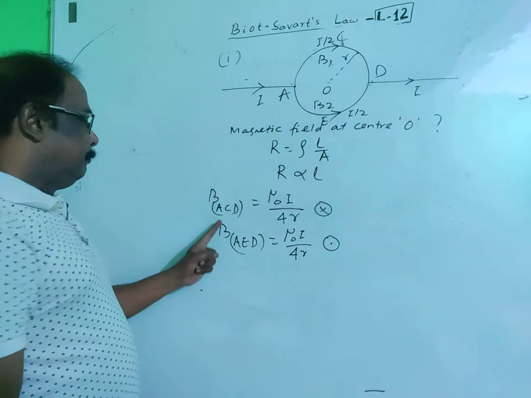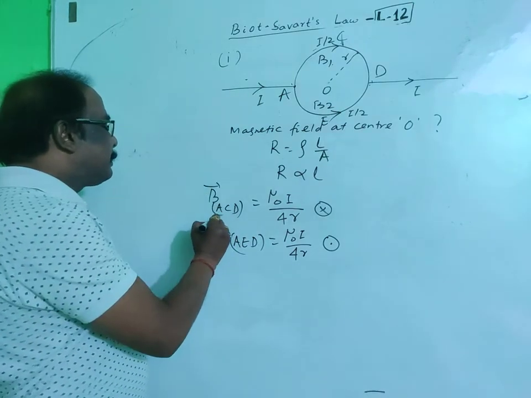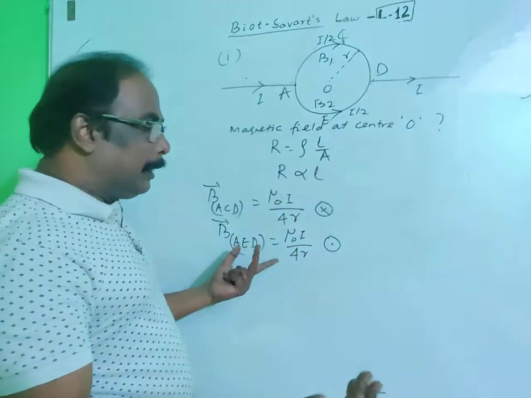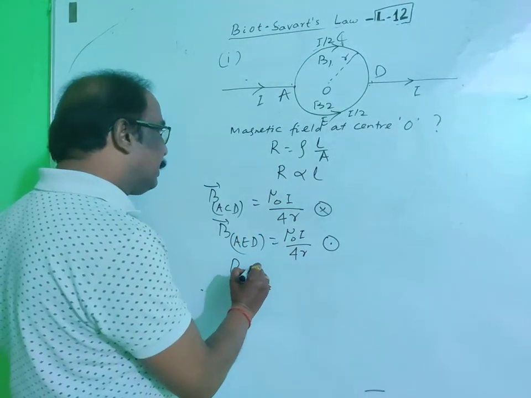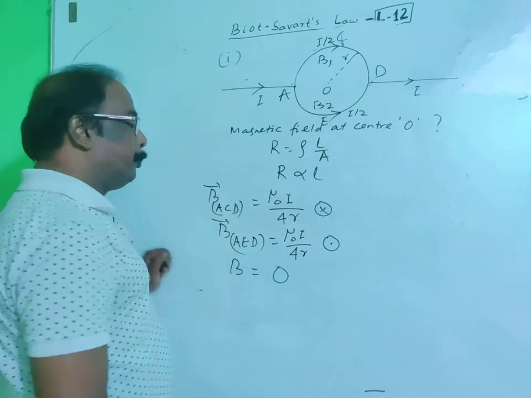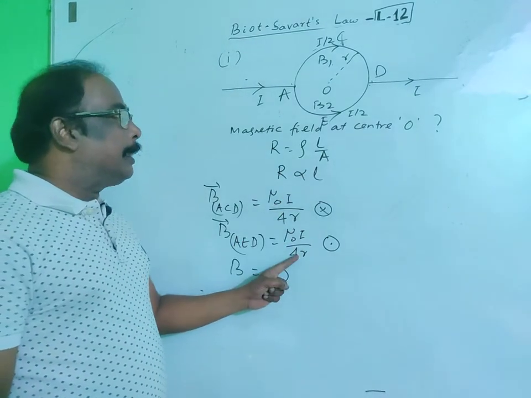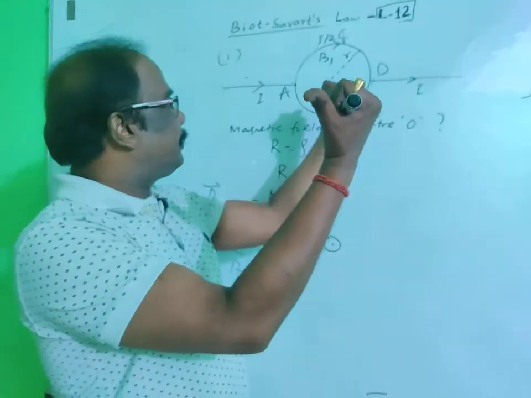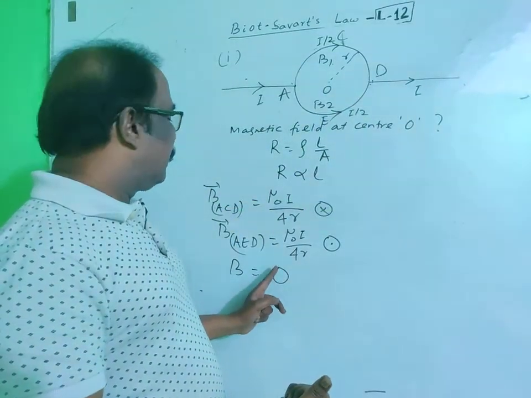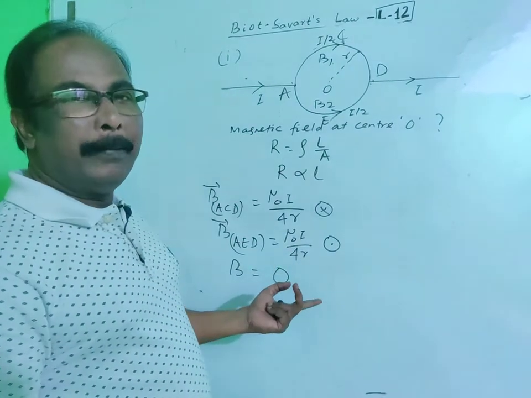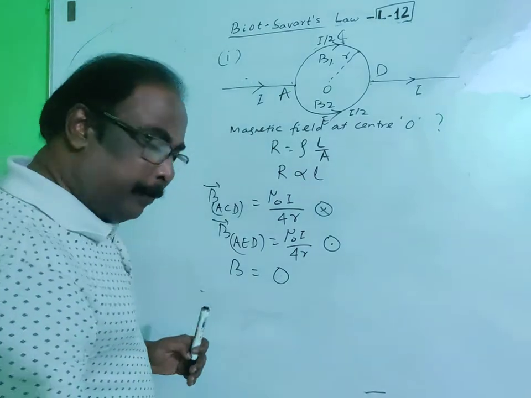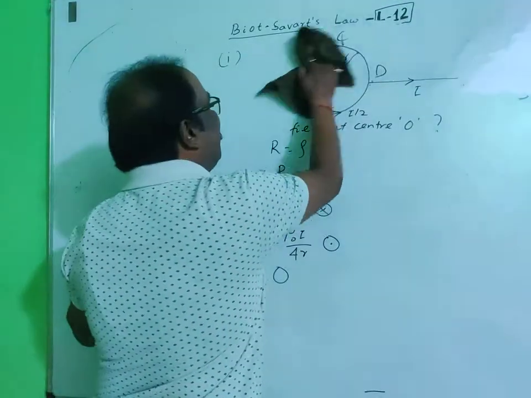See, these are two magnetic fields equal in magnitude but opposite in direction. So the resultant magnetic field is 0, because magnitude is the same and directions are opposite. Magnetic field is a vector, so the resulting magnetic field is 0. Okay. Then question number 2.